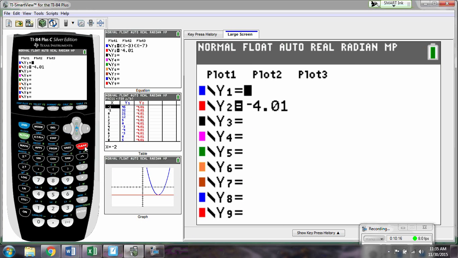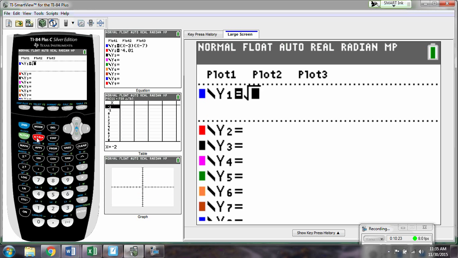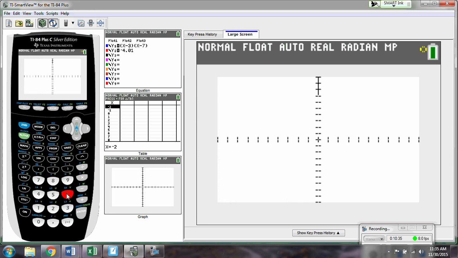So we will create our graph: the square root of x squared plus (3x plus 4) squared. And we'll use the standard window.